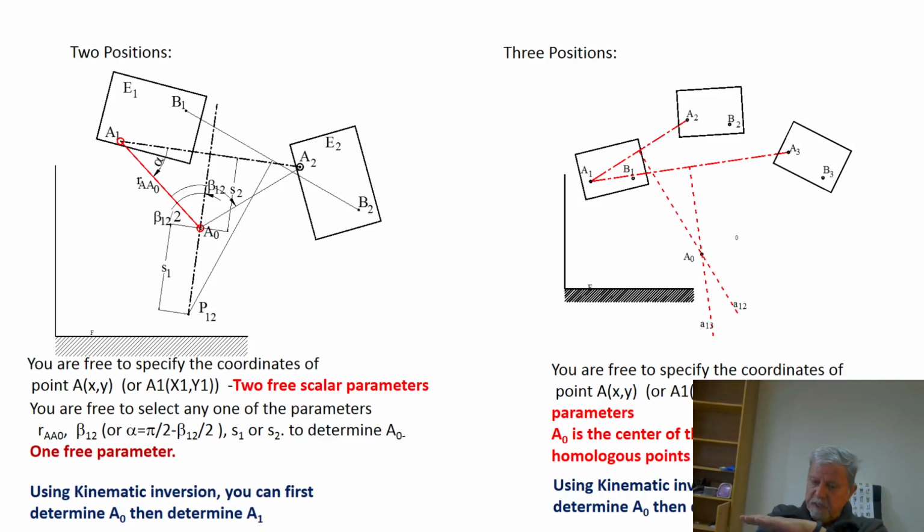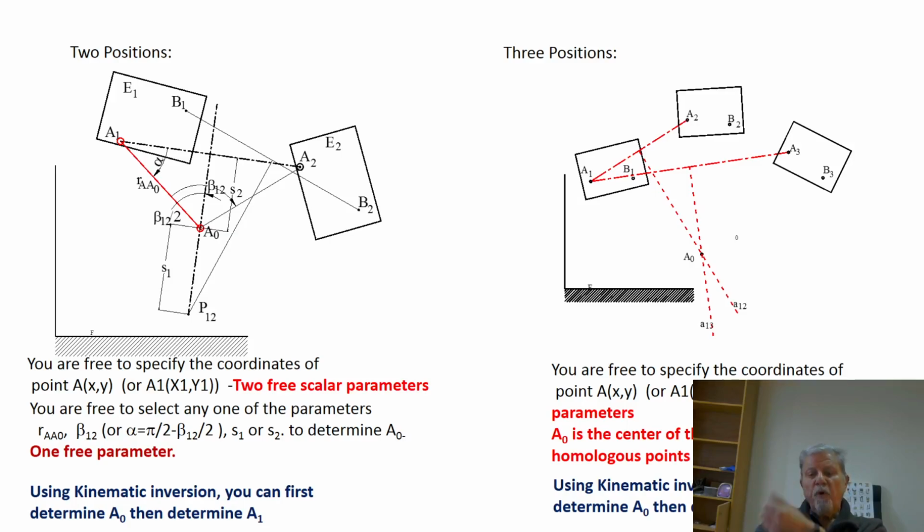If you use kinematic inversion, you can select A0, A02, A03. You can determine A1 on the perpendicular bisectors as the center of the circle described. Now, in this case, we have three poles, P12, P13, P23, and the image pole, P231, in the first position.